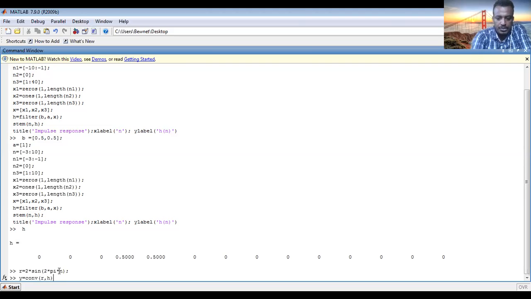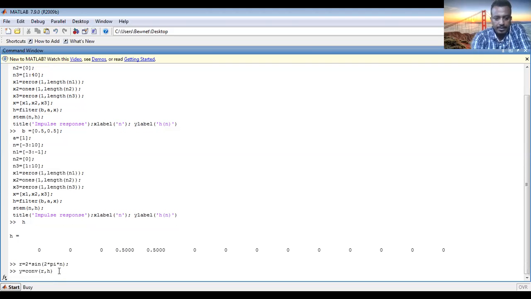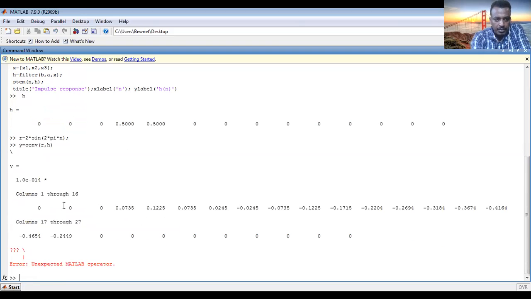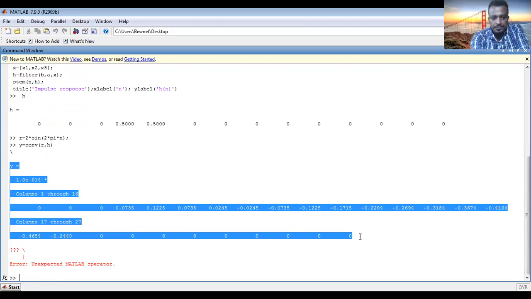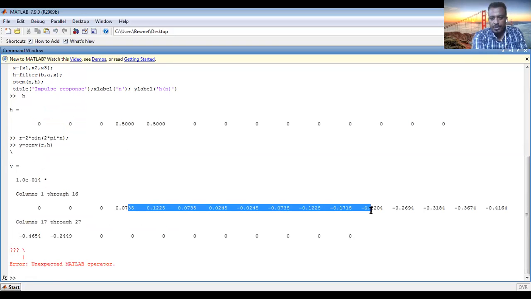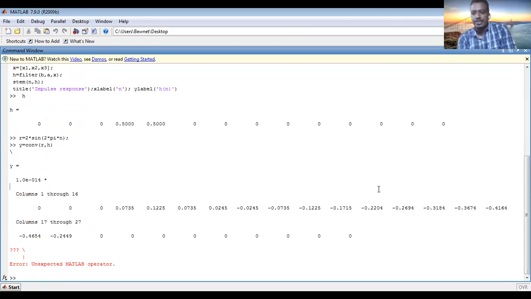If you convolve this, as you can see here, it gives us the output Y. All output samples you can see from this output Y, by convolution.